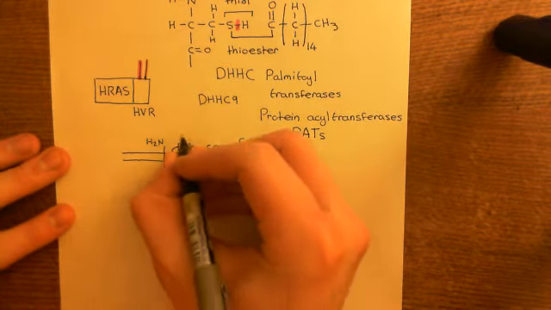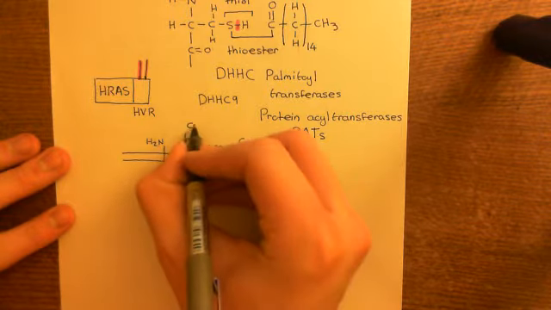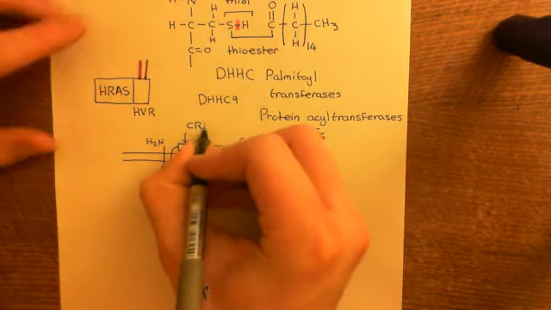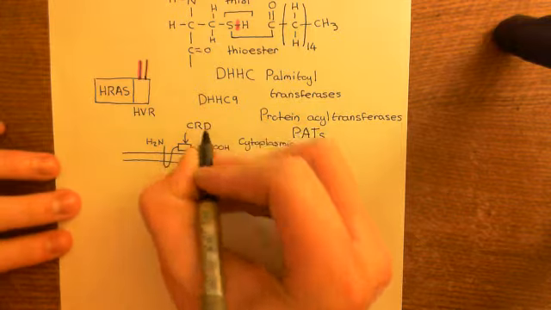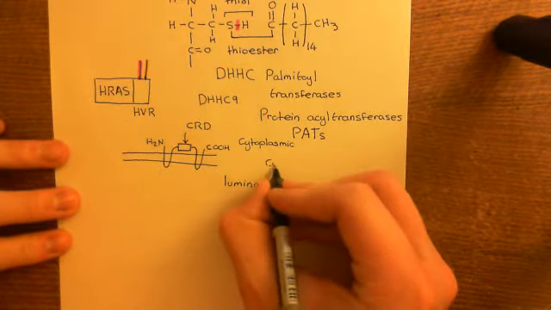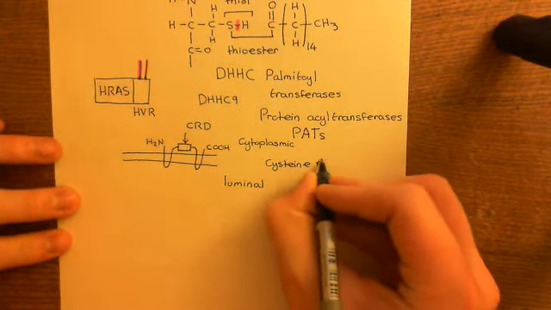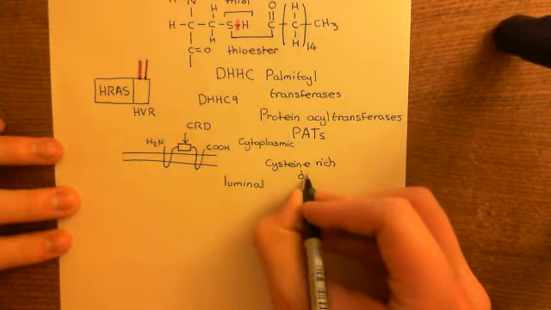Now, this special region is extremely important in catalyzing the transfer of the palmitoyl group onto the cysteine residues, and it's known as the cysteine rich domain, CRD for short.